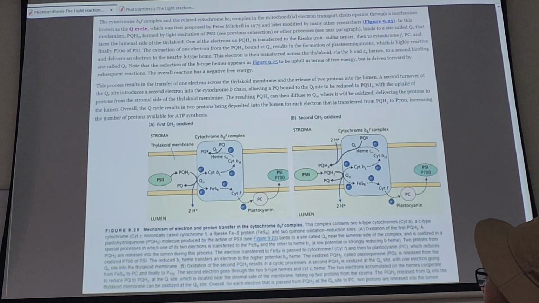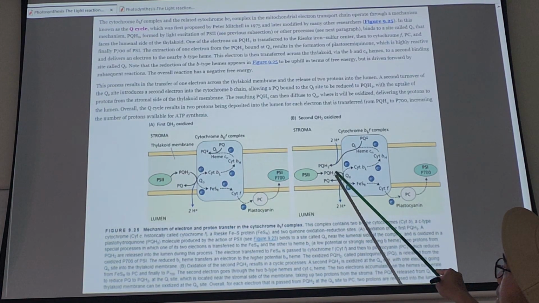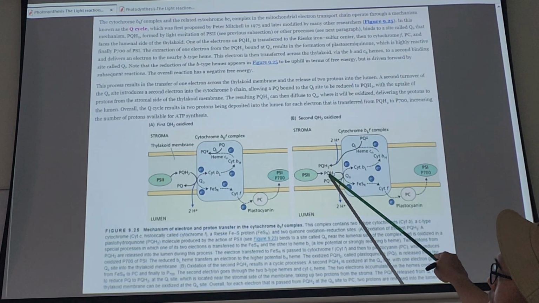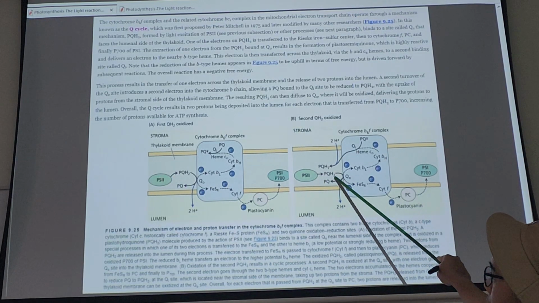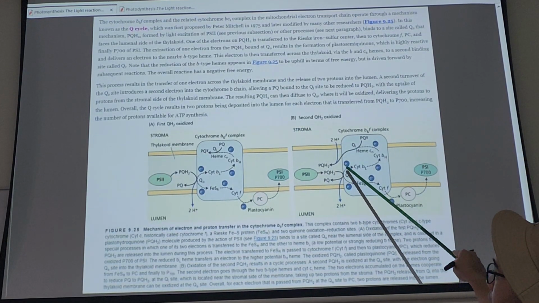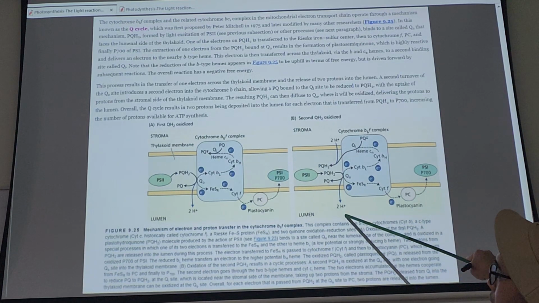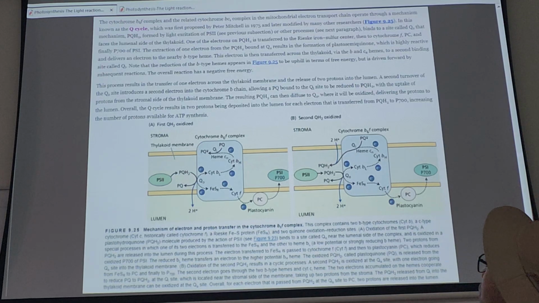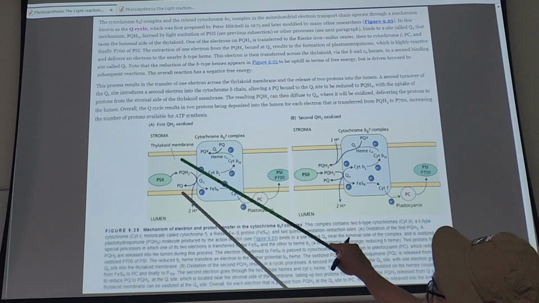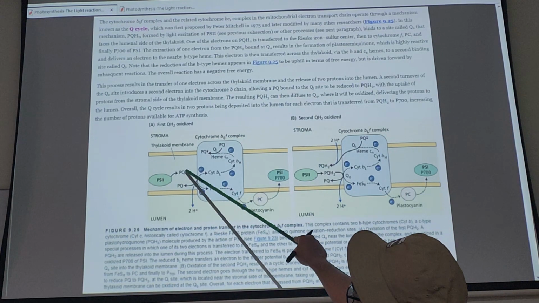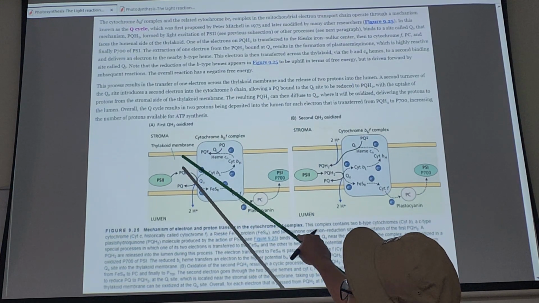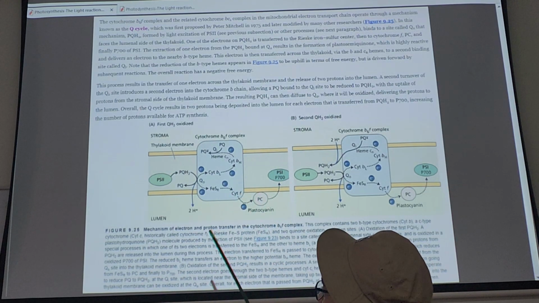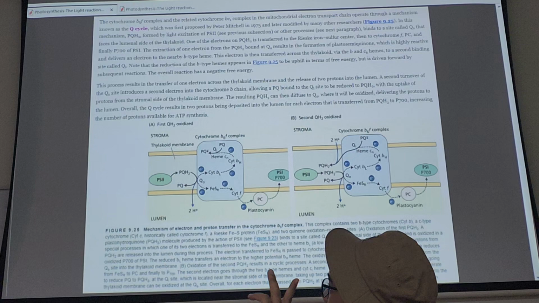So what happens here for the PQH? I mean, the PQH here, you can also have a PQH here as well. For the PQH here, the H can be loaded right into the lumen. So you can see here, let me correct this. Plastohydroquinone can be formed at 2 places.